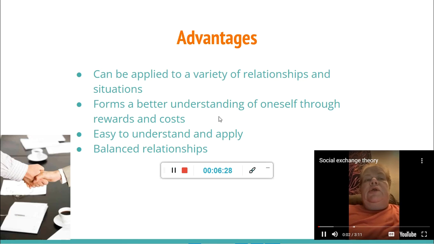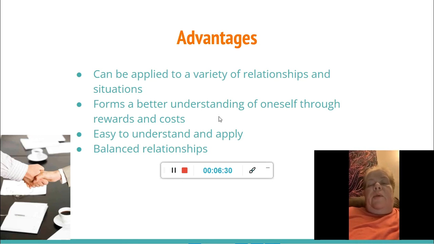Hello, social exchange theory. There are pros and there are cons. Let's start off with the pros. The theory can allow people to take a broader look at the relationship, what's gotten out of the relationship, and what is given. It is basically a guide of how to sustain and keep relationships. The theory has a timely and systematic approach.